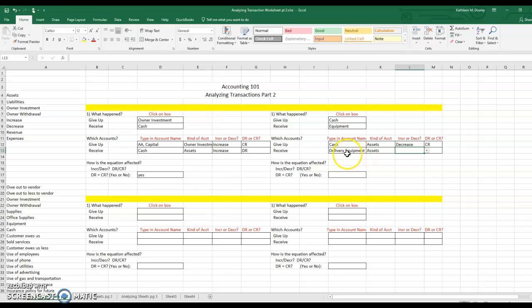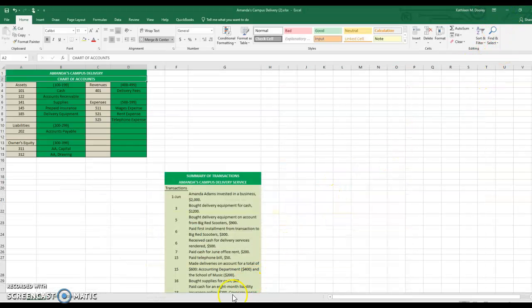Now for the delivery equipment, we receive that. Do we have more or less of it than we had 5 minutes ago? We have more of it, so we have an increase in an asset, and that is a debit. I have one debit and one credit, so do my debits equal my credits? Yes, they do. And I'm done with that transaction.